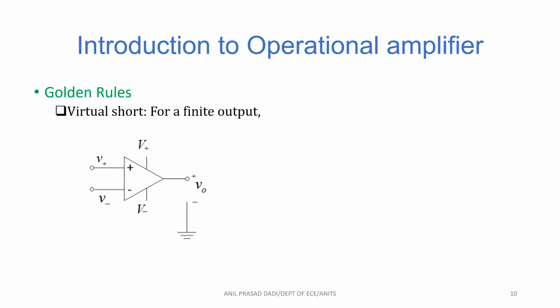The second rule is a virtual short. The input-output relationship of a given op amp is as shown here. V0 is equal to A into (V plus minus V minus), where V plus minus V minus is called the differential input voltage.